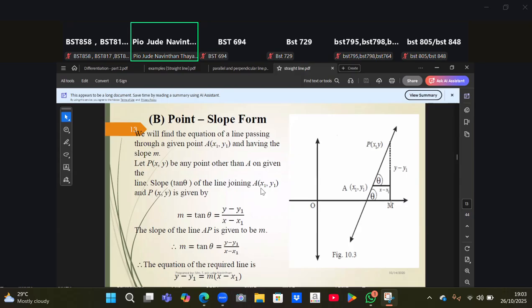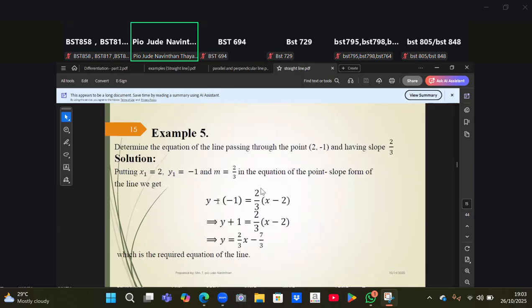So we can say that y minus y1, y1 also minus 1. So this type of thing, that is what I told you earlier. When we are handling the negative value and the fraction, you must be very careful, right? If you miss one single minus, totally you will lose the marks, right?